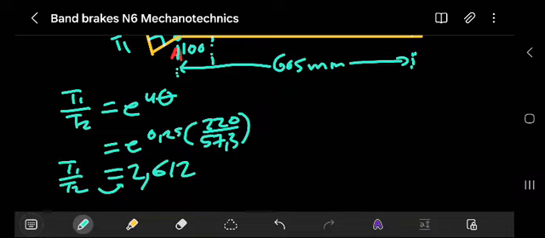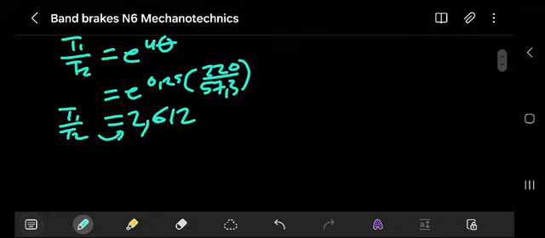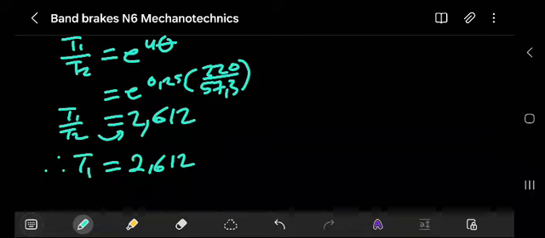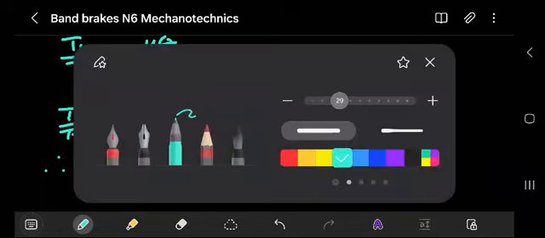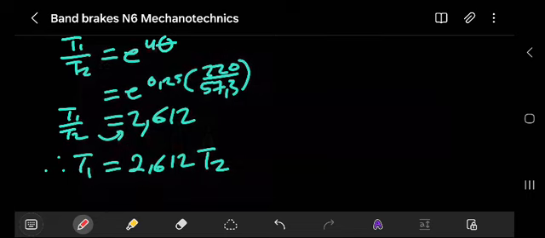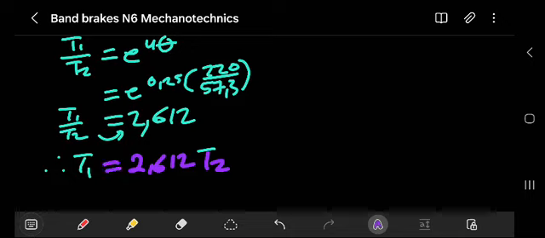Then you can multiply it like that. Therefore you'll have T1 equal to 2.612 T2, just like that. This is the ratio.